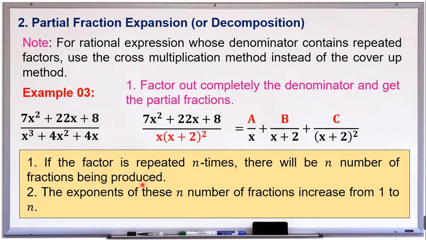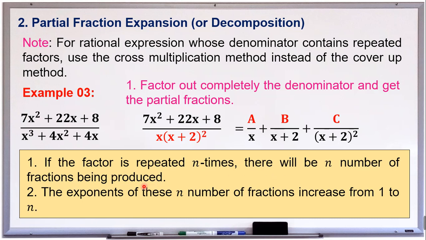We have b over x plus 2 and then c over x plus 2 squared. If we have a repeated factor that is repeated thrice, that is 3 times, for x plus 2, then we need to add plus d over x plus 2 cubed. Okay, that's the rule.